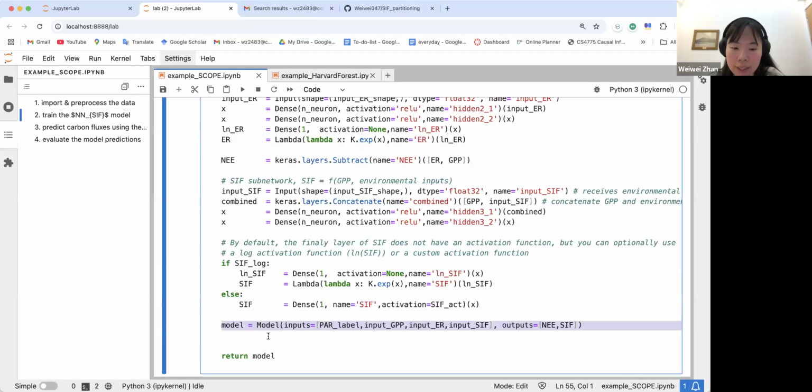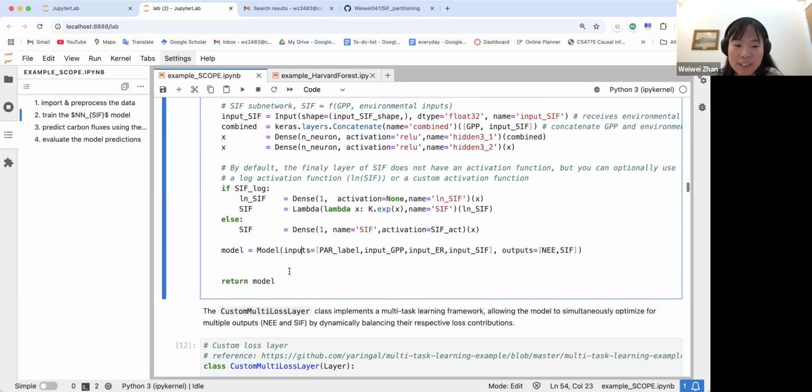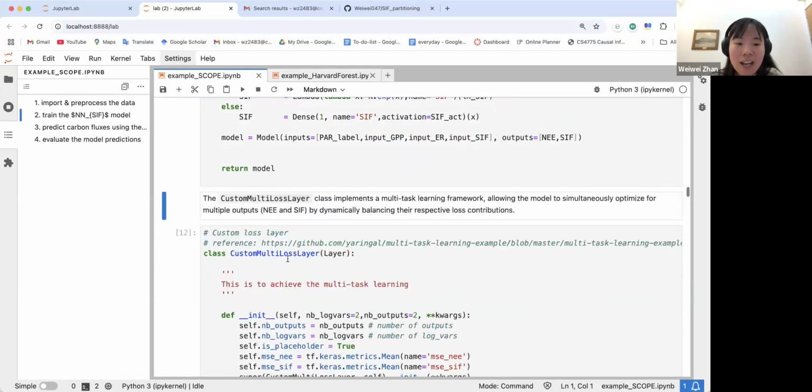And in the end we define our model by specifying its inputs and outputs so that these three networks can be combined together. So this is the purpose of our first function.